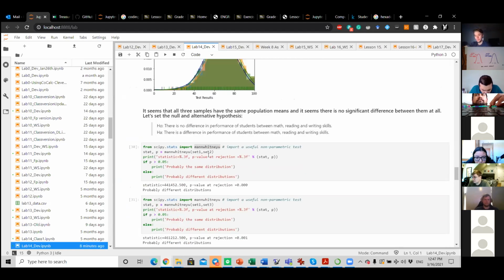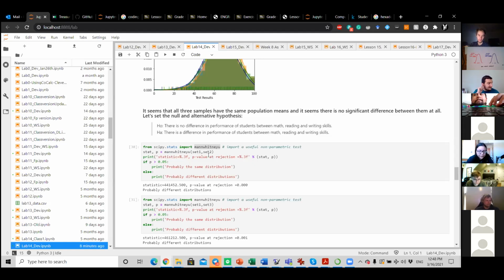Now, I have a question. Is there any way that we can compare 3 sets of numbers at the same time? Yeah, probably. Is it student test or is there another test?